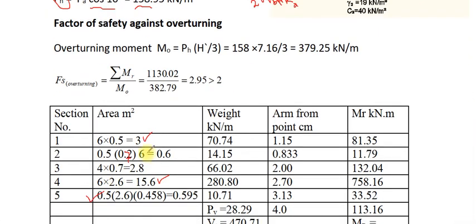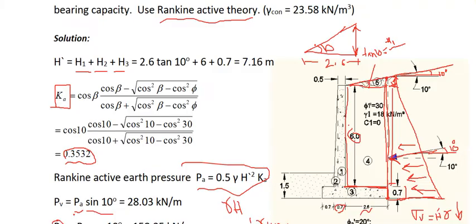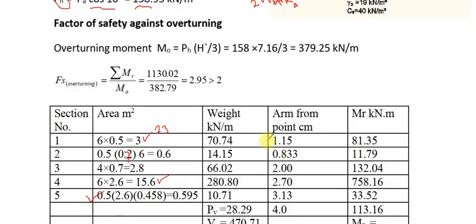Here we have to multiply 3 by 23.58, as given in the question. 23.58 multiplied by 3 gives us the weight 70.74. Section 2 is also concrete, multiplied by 23.58 gives us this weight. Section 3, 2.8 multiplied by 23.58.